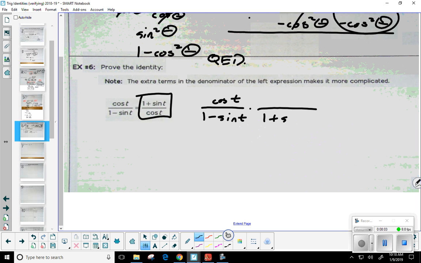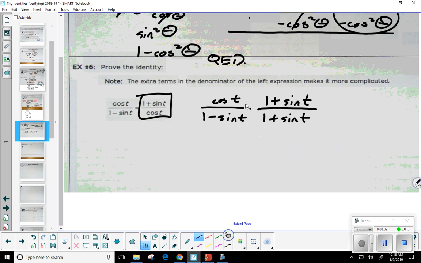And I have to multiply both parts by it, because what is anything divided by itself? This is really 1, right? And what happens when I multiply anything by 1? Yeah, it stays the same. So it's true, we're trying to manipulate the way the expression looks, but I don't want to change its value. I want its value to remain the same. So that's why we're doing it this way.